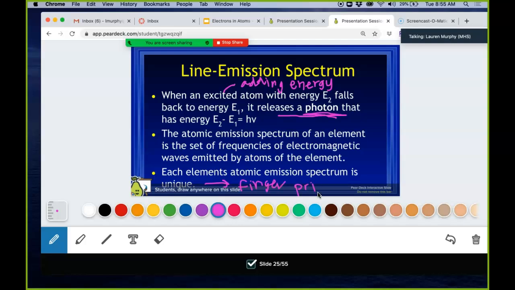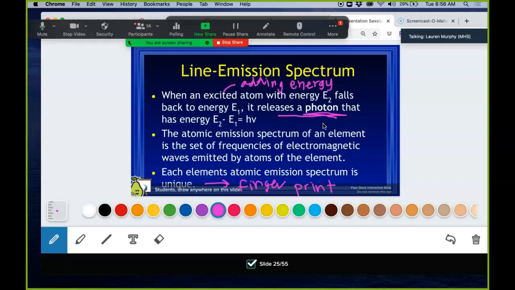And the reason is because every single element's electrons are arranged in a specific manner that is unique to that element. Every element, neutral, we're talking about neutral elements, have a different number of electrons. And because it has a different number of electrons, they're arranged differently. And because they're arranged differently, how they emit light or radiation is different for every single element. Okay?